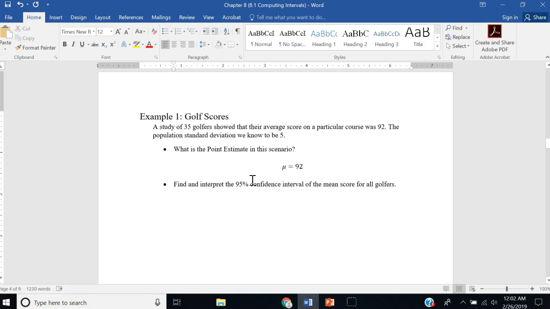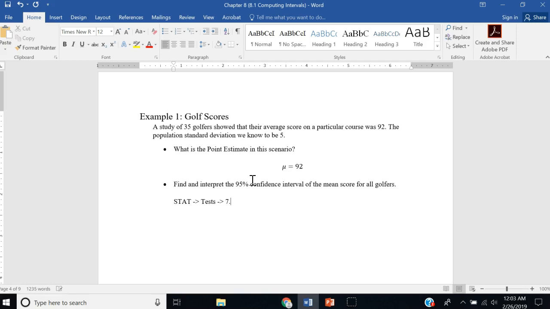So let me write this down first, and then I'll show you what strokes I'm hitting. If you go into the stat menu and scroll over to tests, so stat, tests, and you scroll down, you will see number 7 and number 8 are z interval and t interval.